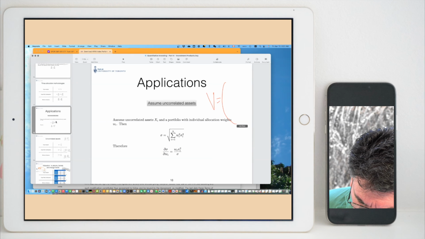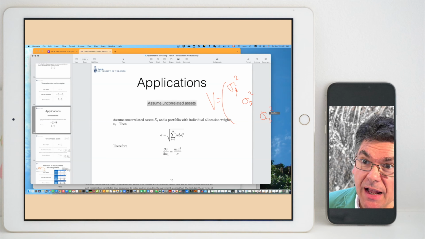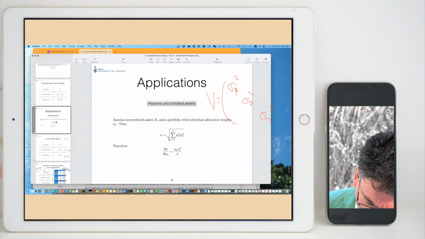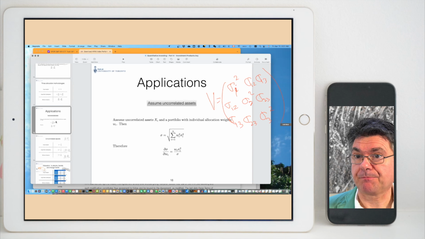The covariance matrix will have these ones in the diagonal, and then it's going to have the covariances here: 1,2, 1,3, 2,3, and the same here: 1,2, 1,3, 2,3. This is your covariance matrix. You're going to get the covariance matrix, and that's all you need.